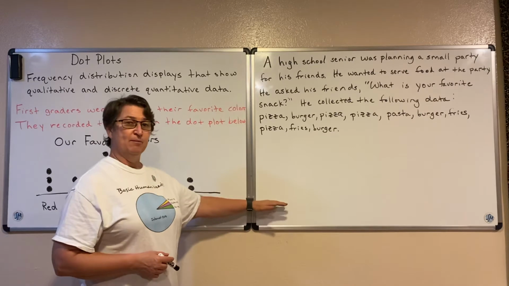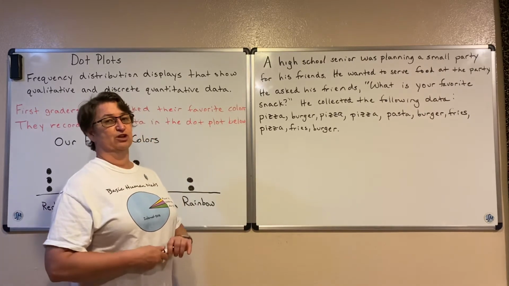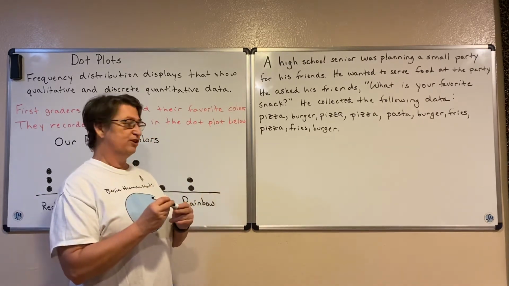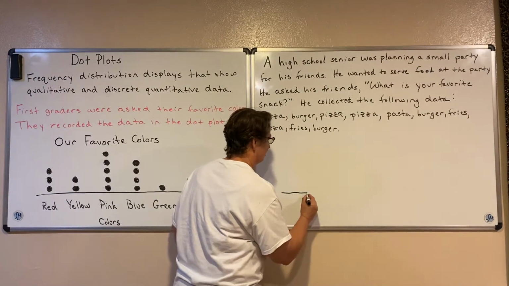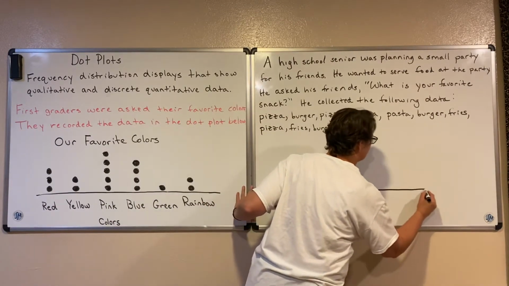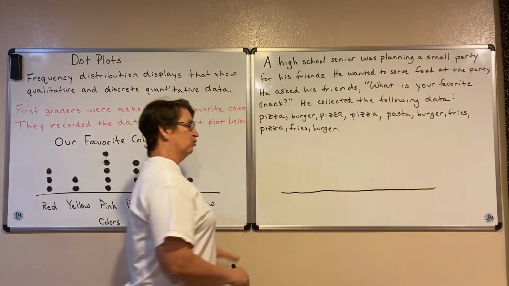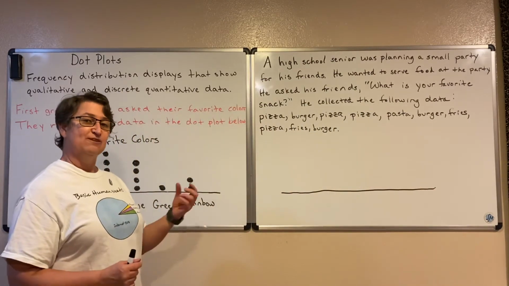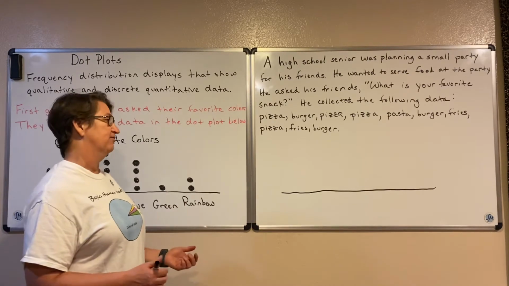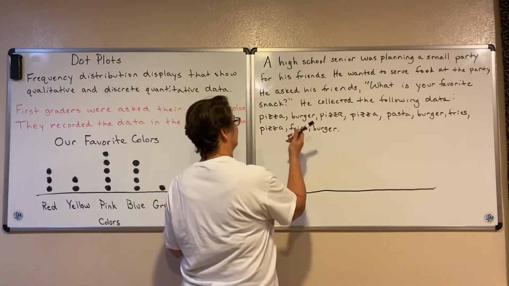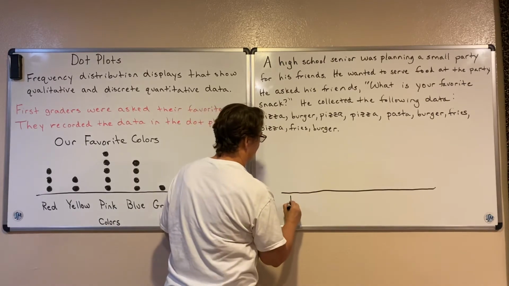So now I'm going to make a dot plot of this particular data. Again, with a dot plot, all I need is a horizontal axis. So I'm just going to put down here a horizontal axis. Then along that horizontal axis, I'm going to put the different categories of this categorical or qualitative data. So here are the different snacks, and pizza was a choice.